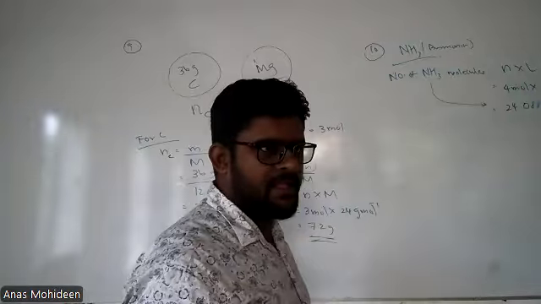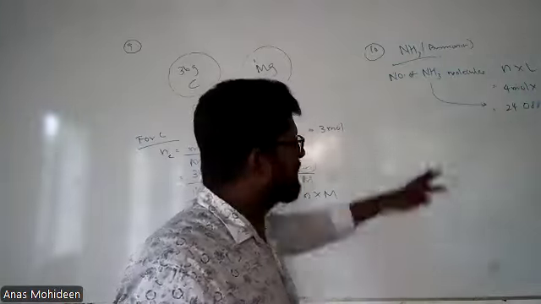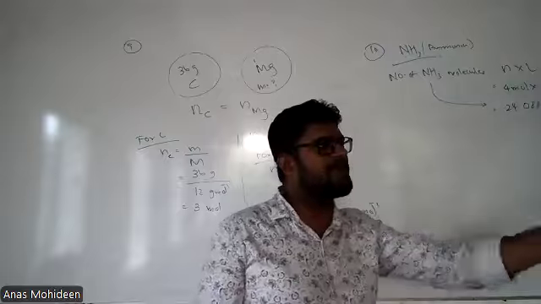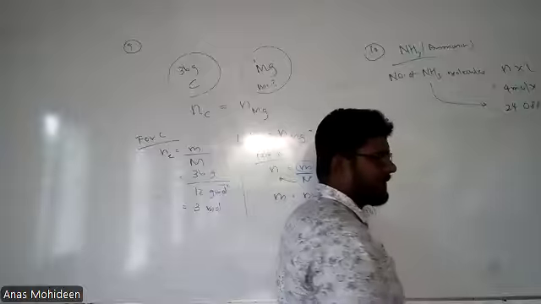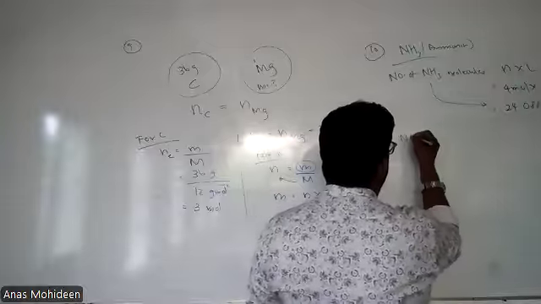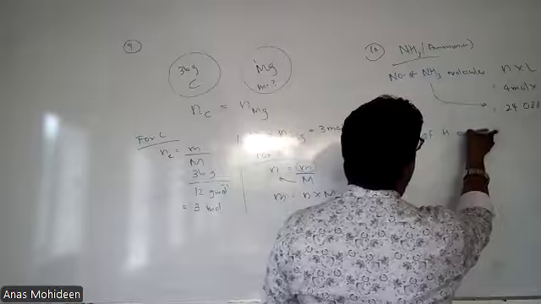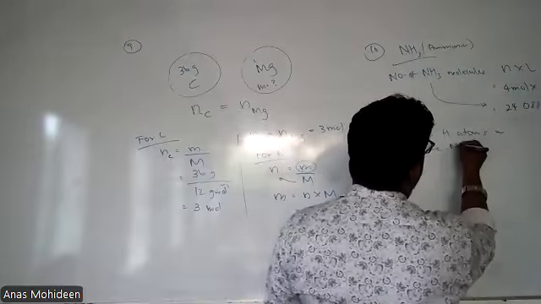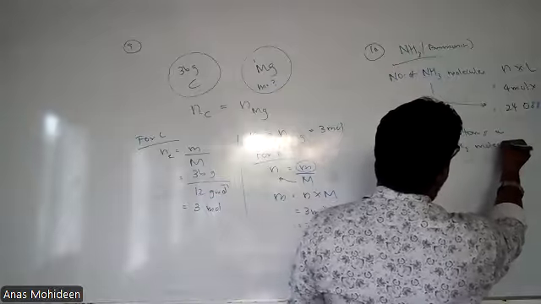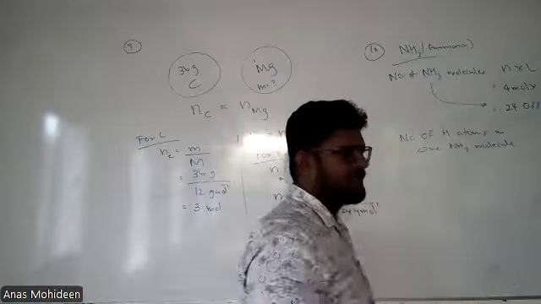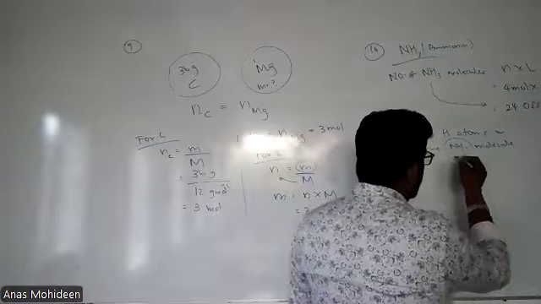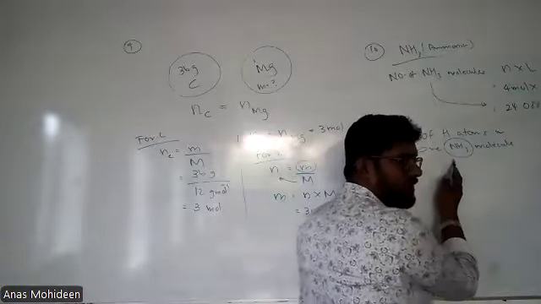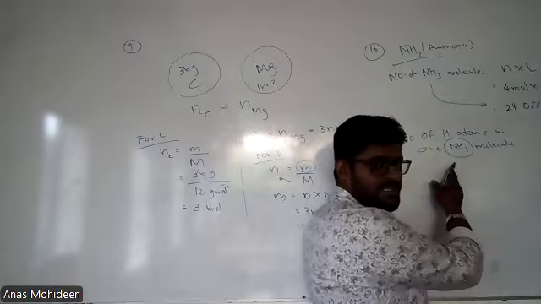Okay. Done. I found how many bags there are. Now I must know how many blue pens or red pens there are in one bag. So I'm writing the number of hydrogen atoms in one ammonia molecule. In one ammonia molecule, how many hydrogen atoms are there? 3. Total atoms 4. But do I need the total here?